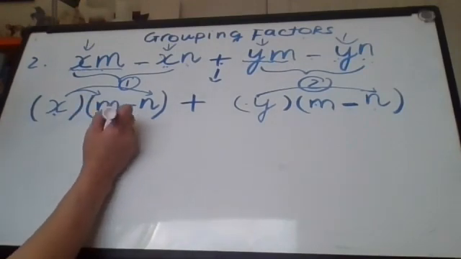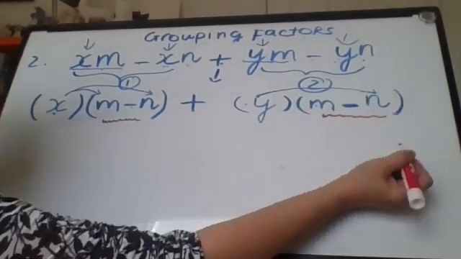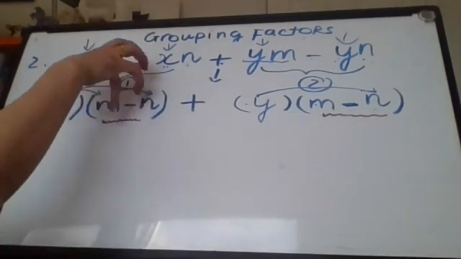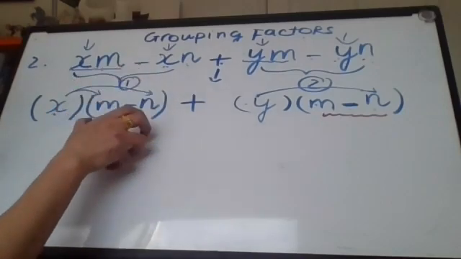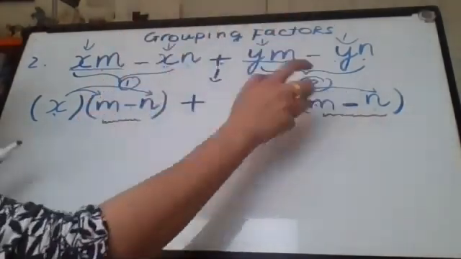Okay, so now we see this is M minus N. M minus N is another bracket in common, and treat this bracket as one number, as a whole thing, right? M minus N, M minus N. Treat them as the whole common factor.